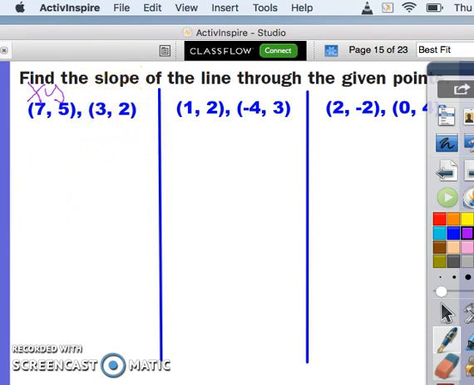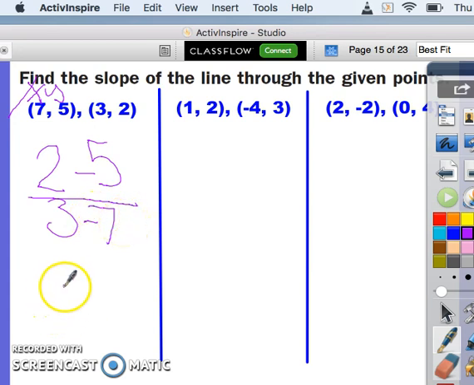So it's going to be 2 minus the 5, because those are the y points, and then 3 minus 7. Now if I have 2 and I take away 5, it's going to be a negative 3. And 3 minus 7 is going to be a negative 4.